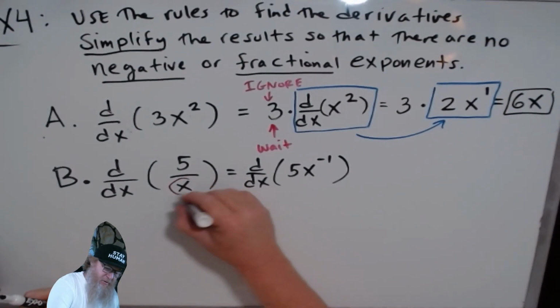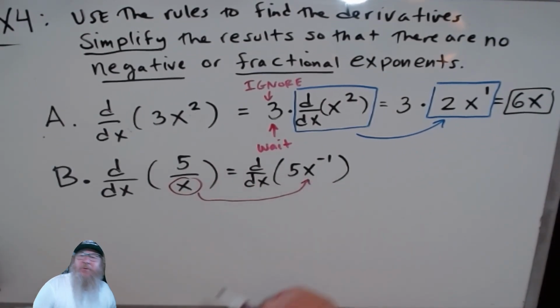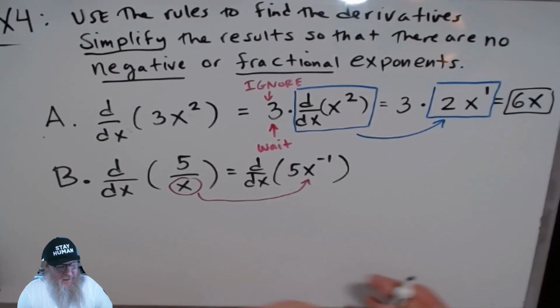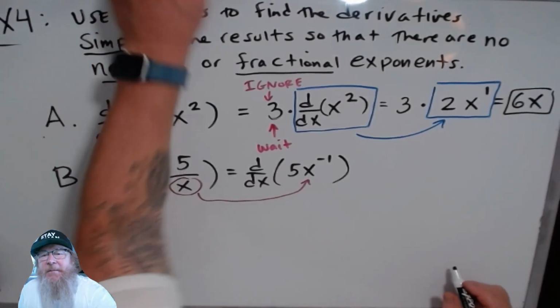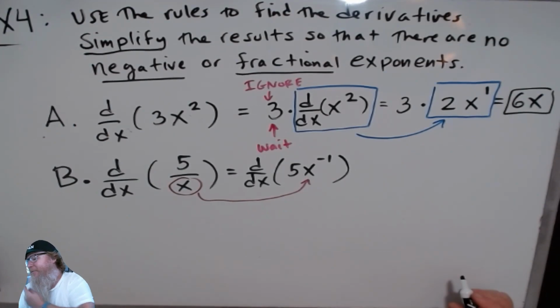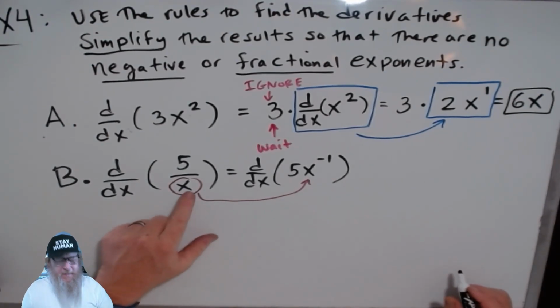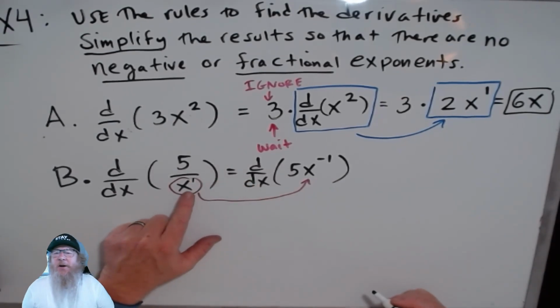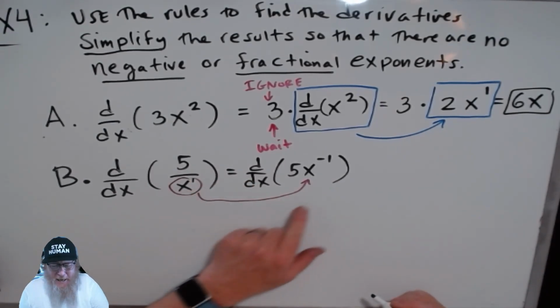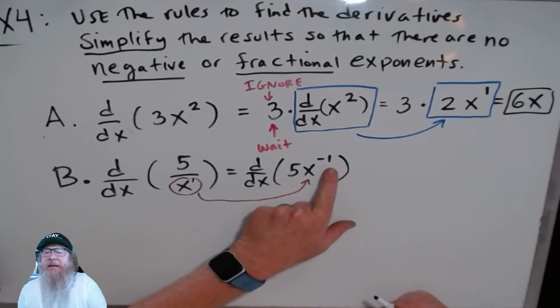Remember that rule? Basic algebra rule. This is x to the first power, right? X to the first power. I'll put a little 1 right here. And so I want to bring it up to the top and make it a negative power.